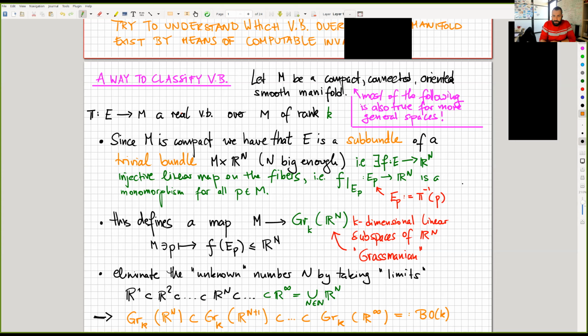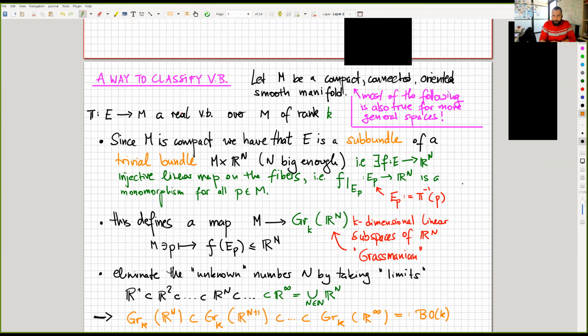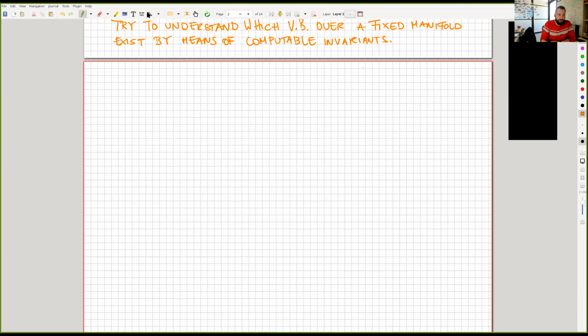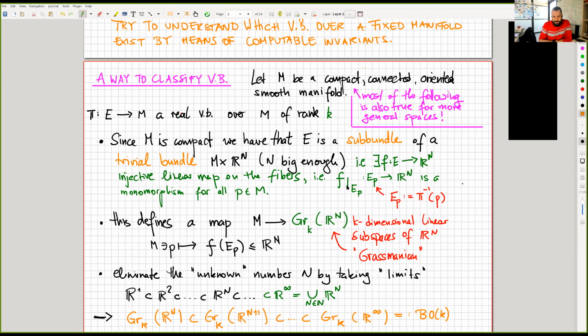So let me create a new layer, oops, no, sorry. So maybe I was a little bit too fast. So what is this f?